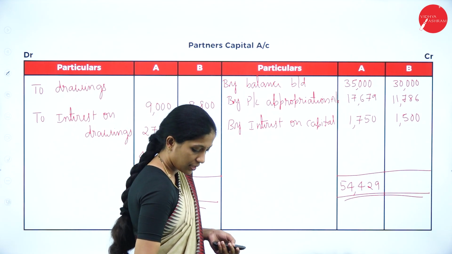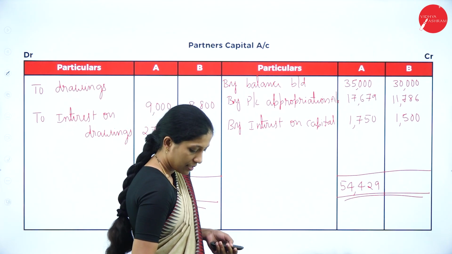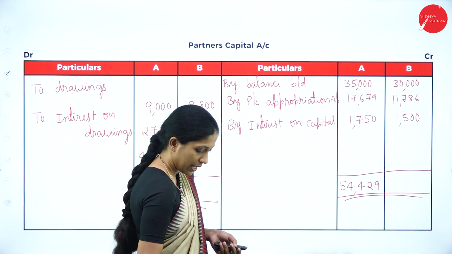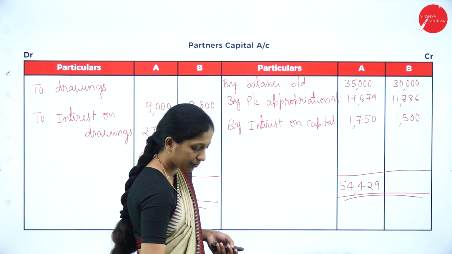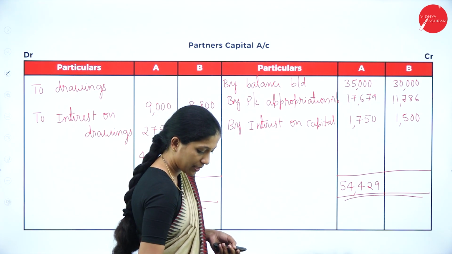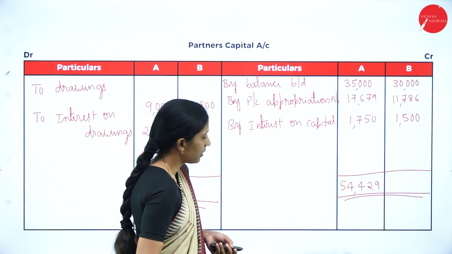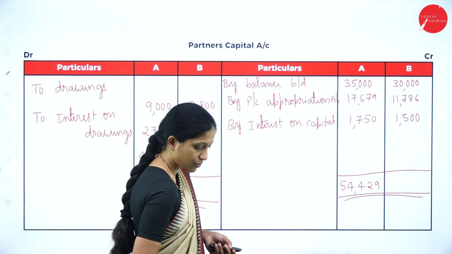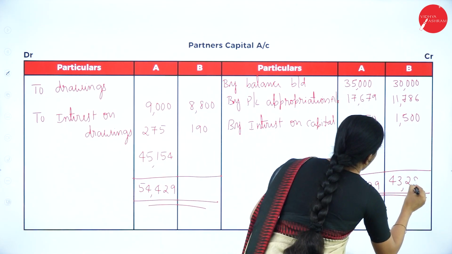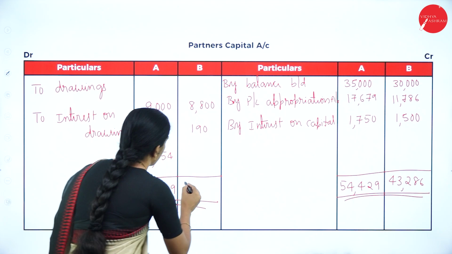Now calculate that of B. B is 30,000 plus 11,786 plus 1,500, so this will be 43,286 on both the sides.